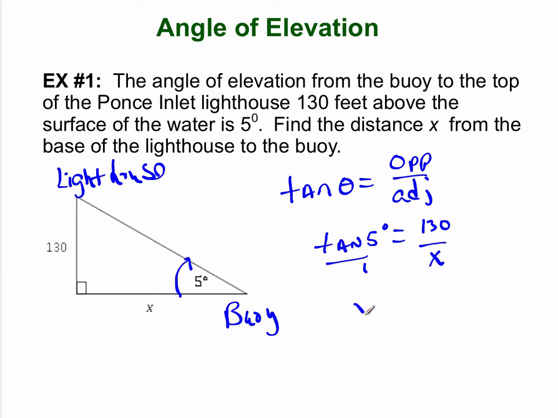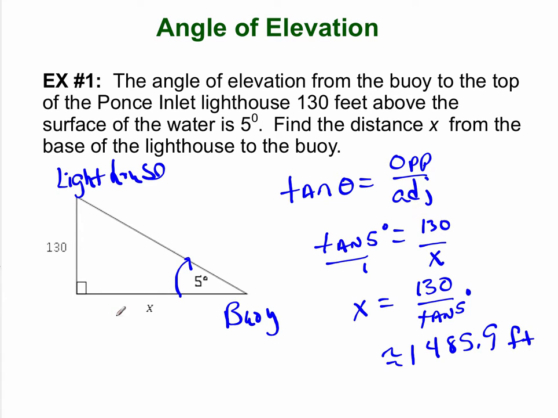Cross multiply, I get x is equal to 130 divided by tan of 5 degrees. Solving this, making sure my calculator is in degrees, I get 1,485.9 feet. So this is about 1,486 feet.